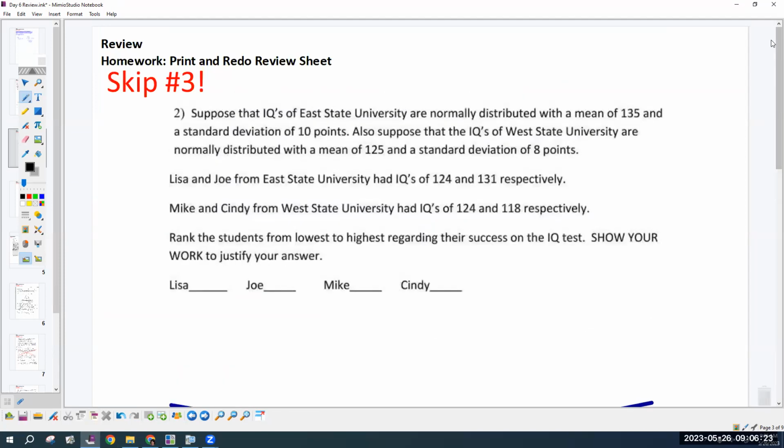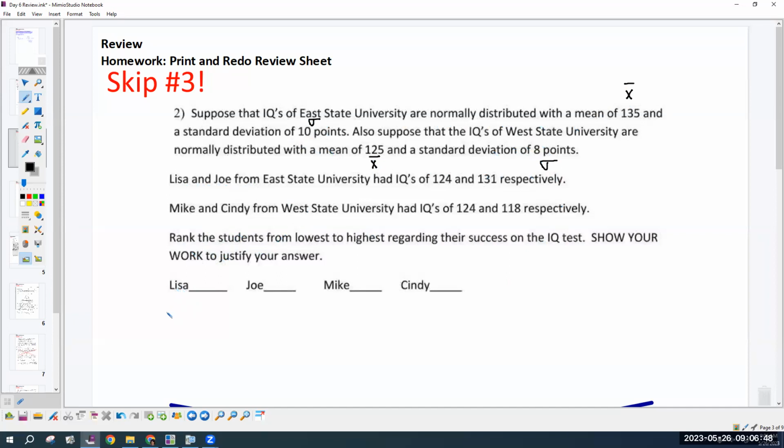All right, number 2. Suppose the IQs of East State universities are normally distributed with a mean of 125 and a standard deviation of 10 points. West State also has normally distributed IQs with an average of 125 and a standard deviation of 8. So Lisa, as I read this question, we're looking for the Z-score.